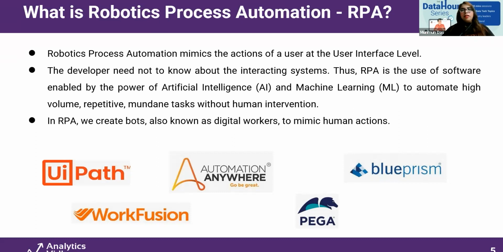But if you see the commonality of all these market players, they are licensed, because you cannot use any of these tools without a license. When I talk about a license, it means it incurs a cost. Sometimes, in my industry experience, I have seen bots built in Blue Prism and then migrated to Automation Anywhere, because the Automation Anywhere license cost is low.